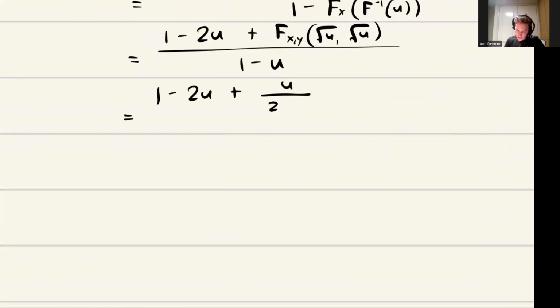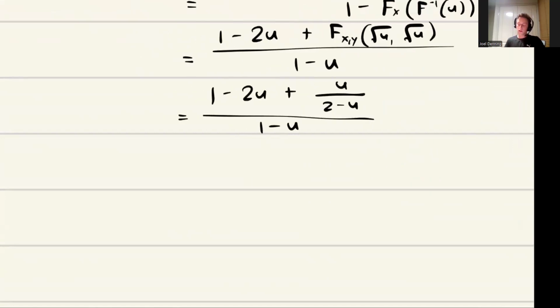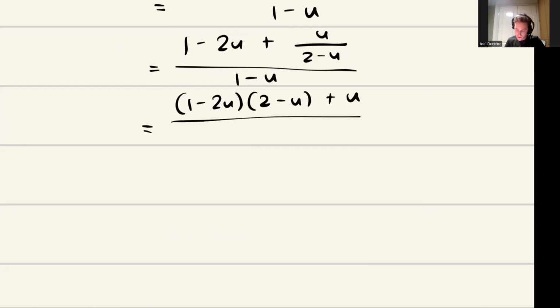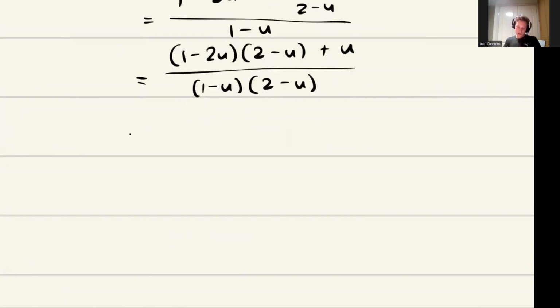So sub that in. And then I'm just going to combine the denominators on top. So I'm going to multiply 2 minus u to both terms over here. And then that 2 minus u will make its way down to the bottom. Then I'm going to expand the top.